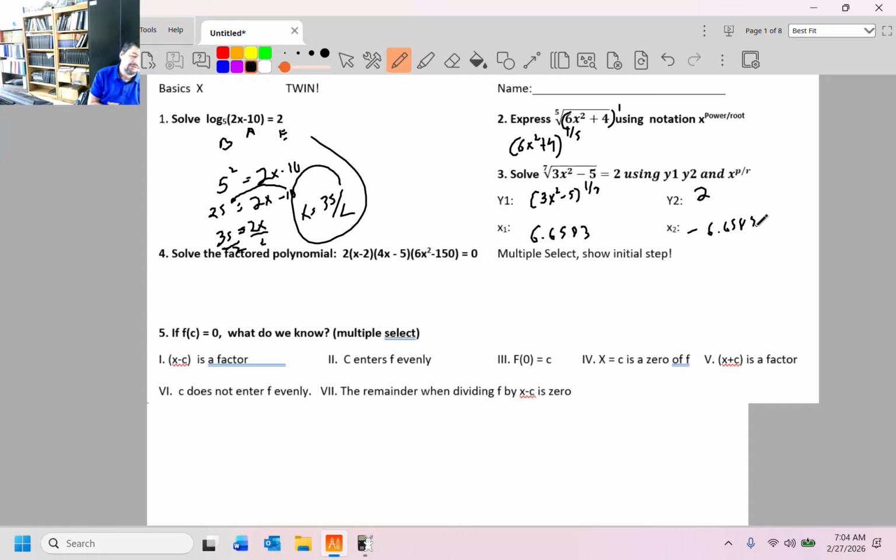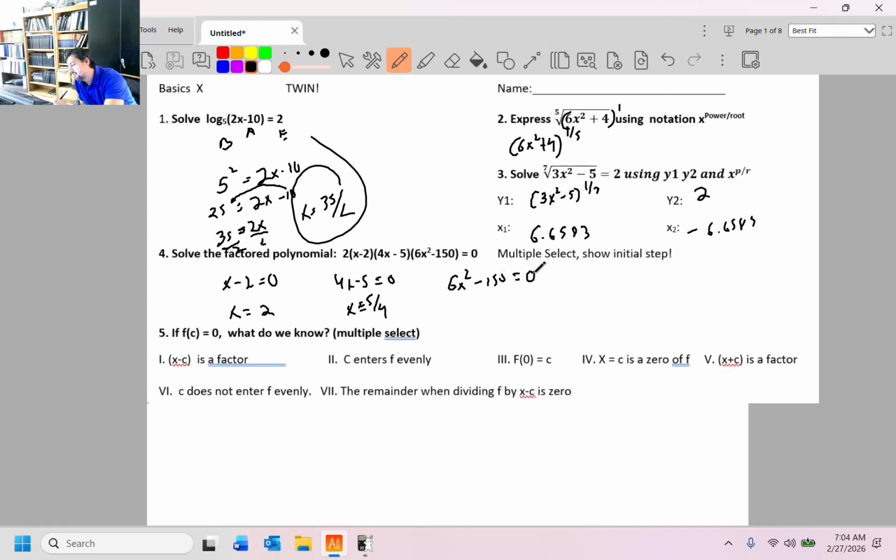Solve the factored polynomial. So if the factor has an x, you set it equal to 0. It's called zero product property. So if x minus 2 is a 0, then x is 2. If 4x minus 5 is a 0, then we're going to add 5 divided by 4. X is 5/4. And this one takes a little more work.